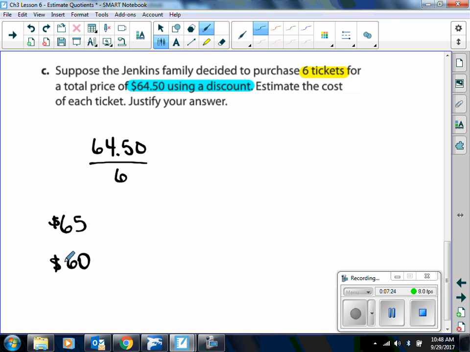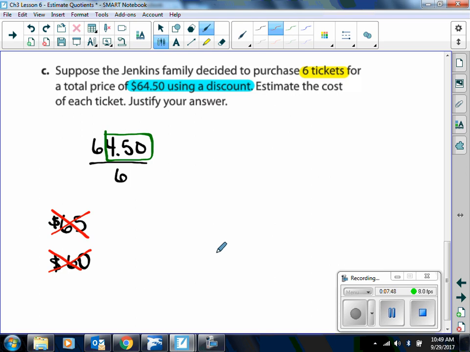But that's a low estimate. So bear with me. Because that is a low estimate, because we still have that $4.50 to contend with, we wouldn't be able to use the 60. So we take out the 65, which is not a good one, and we take out the 60 because that would be a very low estimate.